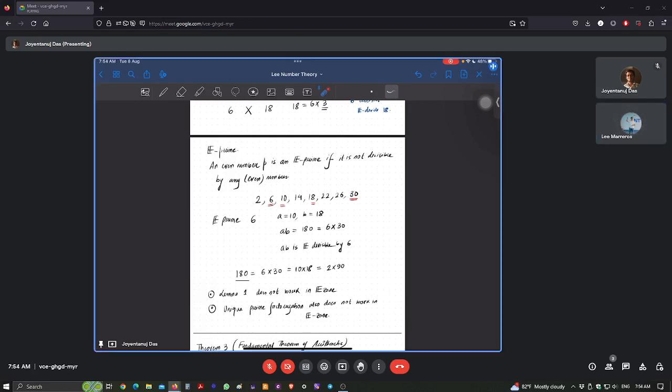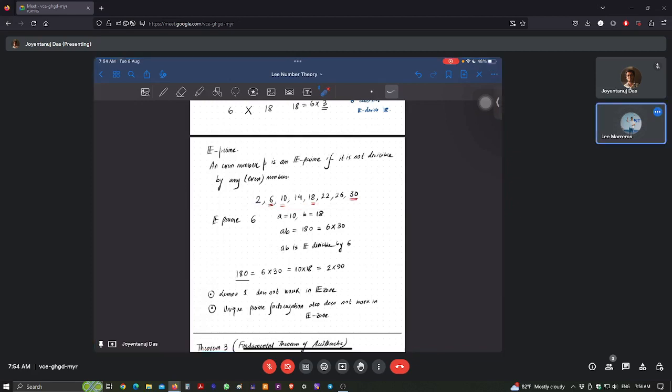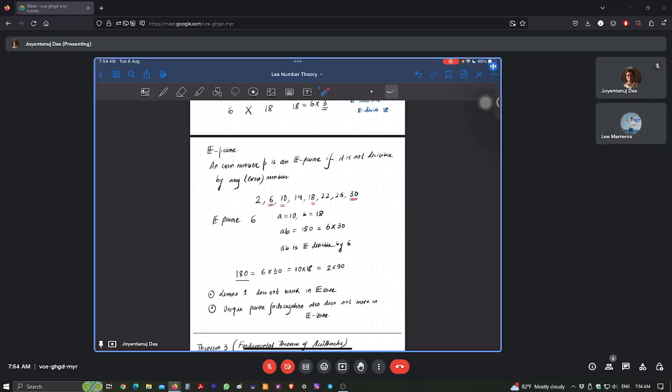None of them is a multiple of 4, right? Yeah, you add 2 or decrease 2. So what is happening is, if anything is a multiple of 4, then it cannot be an E prime, right? Because, okay, let me write now.